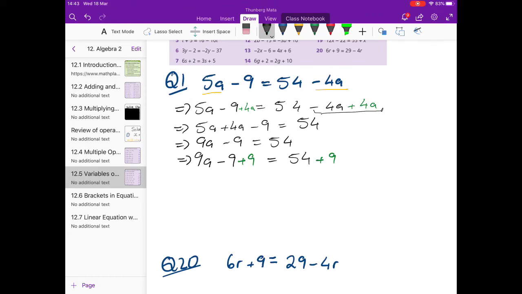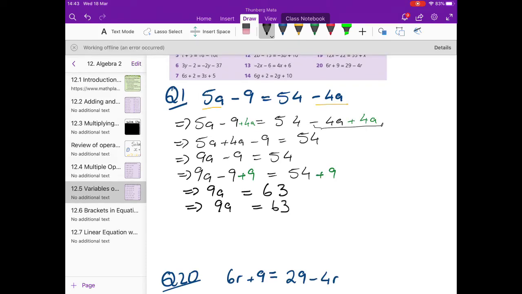Once I've done that, I'll be left with 9a is equal to 63. And once I'm this far, I can see if I have 9a's and 9 of them are equal to 63, I'll divide by 9 to find out what it would be if I only had 1. So 9a divided by 9 leaves me with a by itself. And 63 divided by 9, well, 9 sevens are 63, so that will leave me with 7.